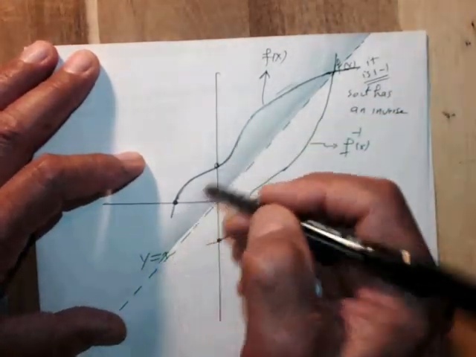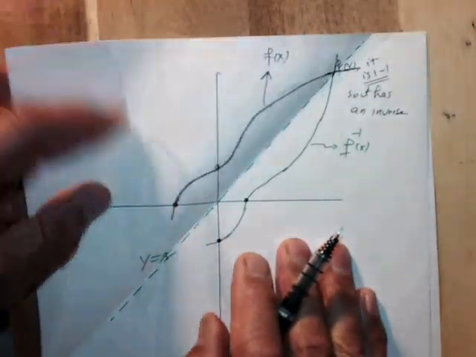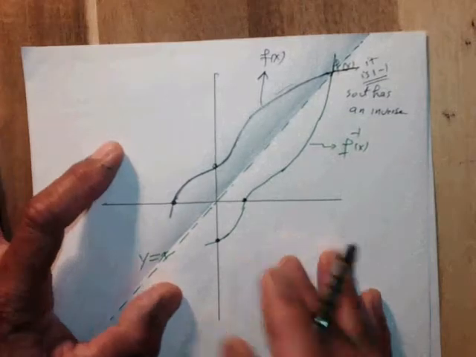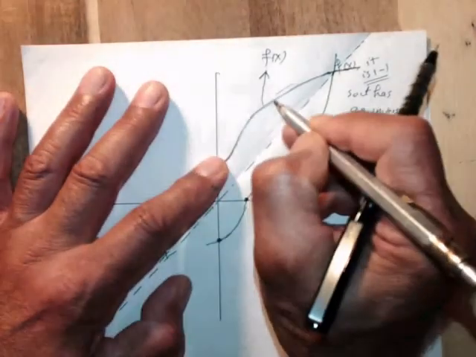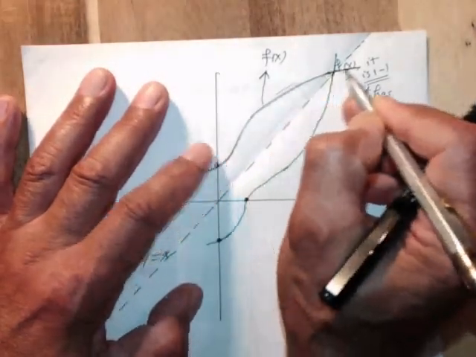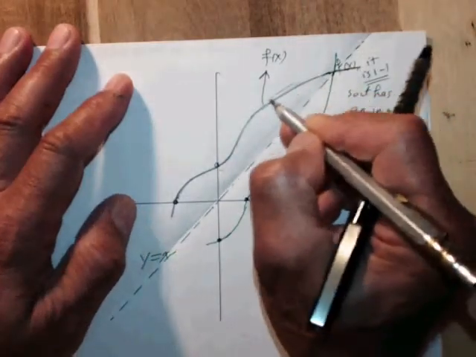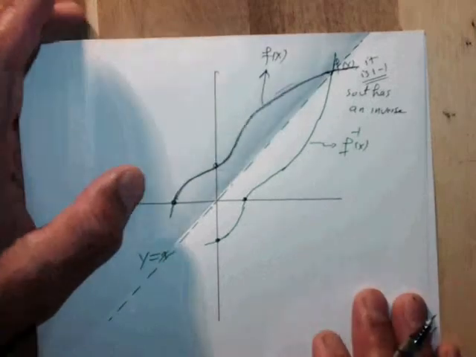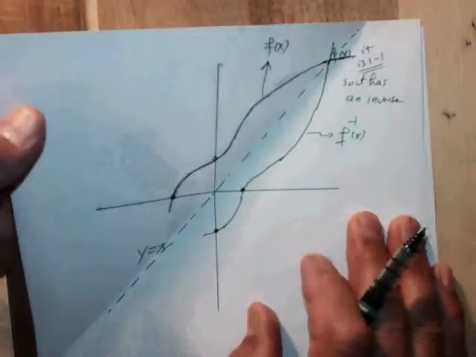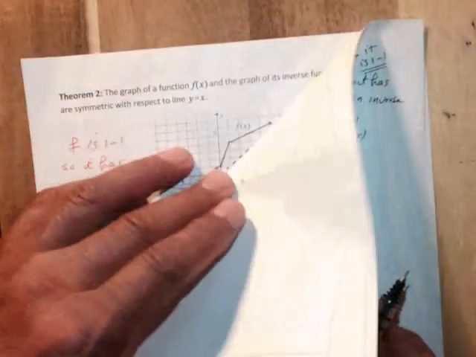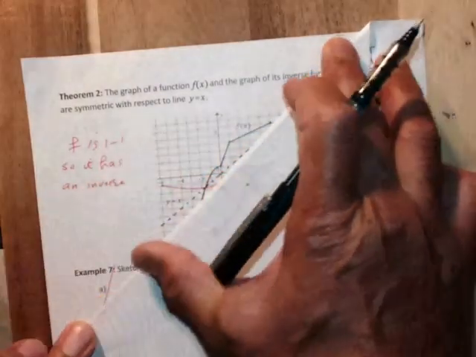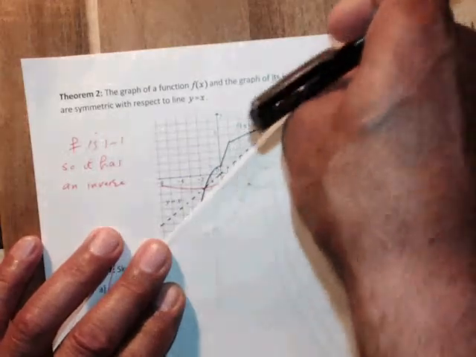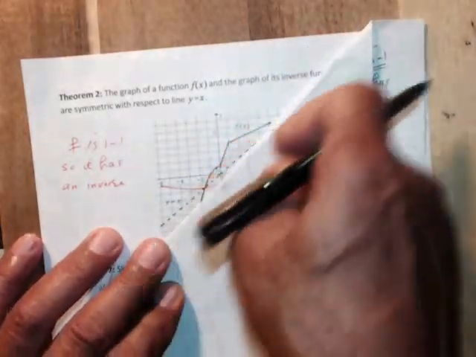If you are an artist, can you draw a graph symmetric? That's fine. If you can't, one way to do it is to put your pencil on your graph, make it thick a little bit, and then fold your paper along y equal to x like this, and push against the graph.